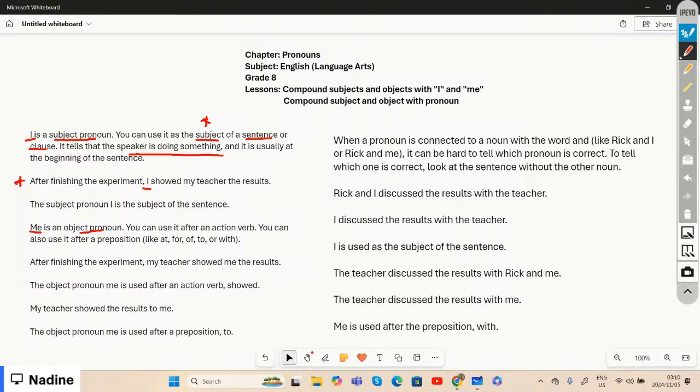And then me is an object pronoun, and you use an object pronoun after an action verb. So an object pronoun is being used after an action verb. Or you can even use it after a preposition, words like at, for, of, to, with. That is also how you can use it.